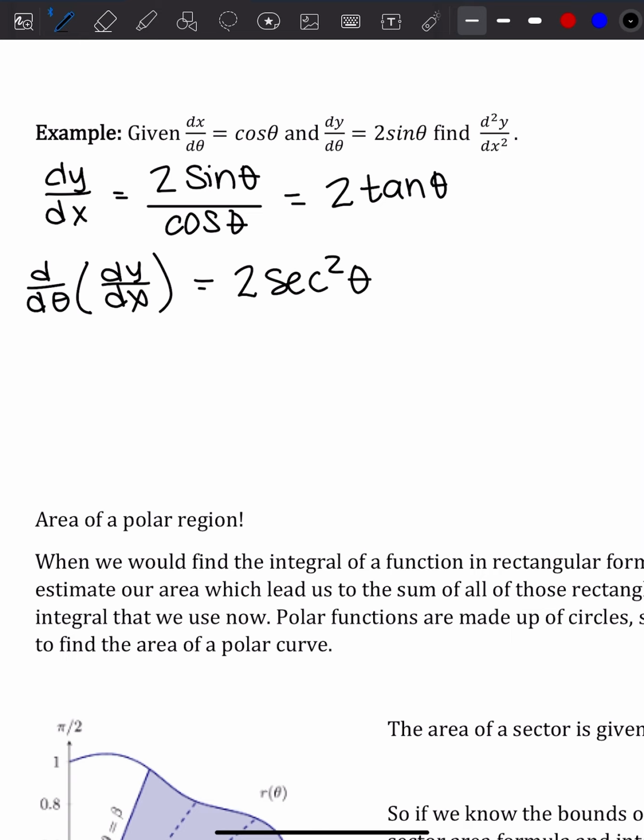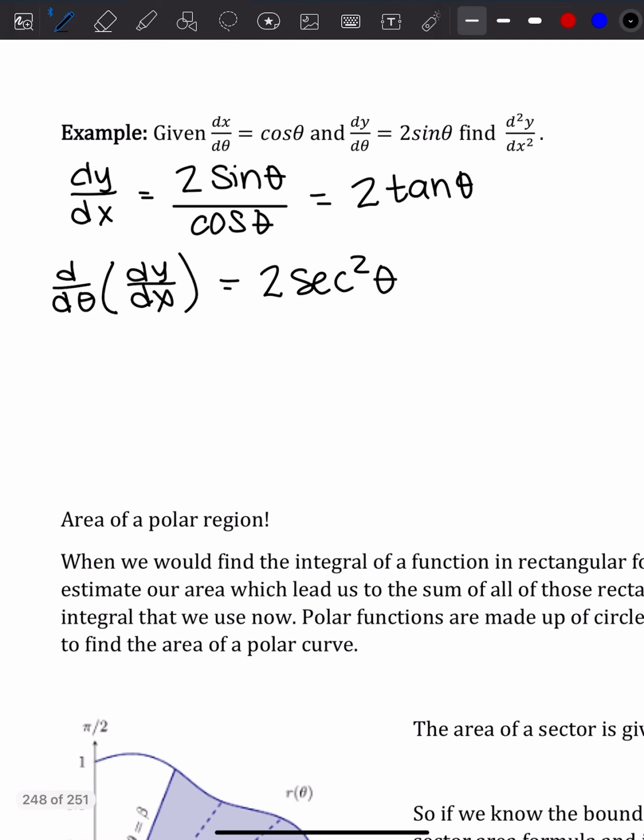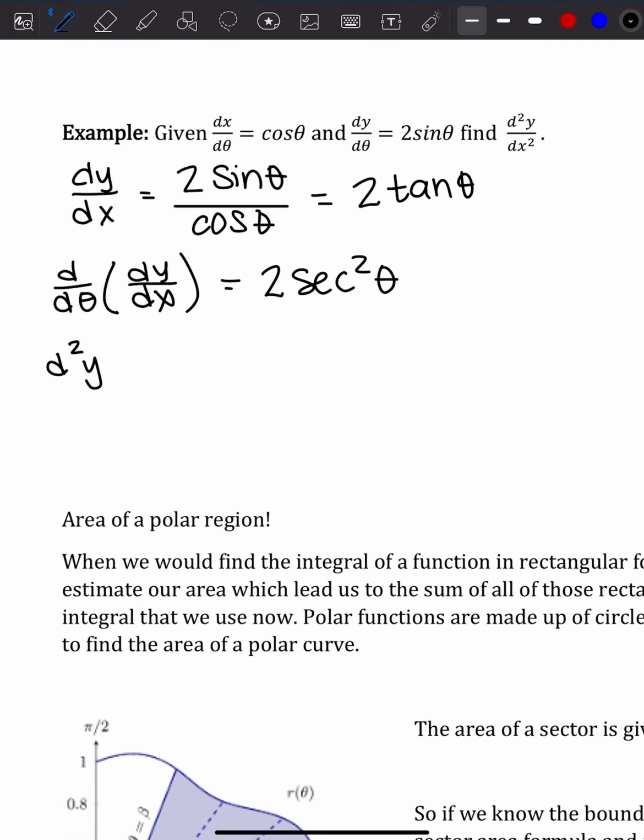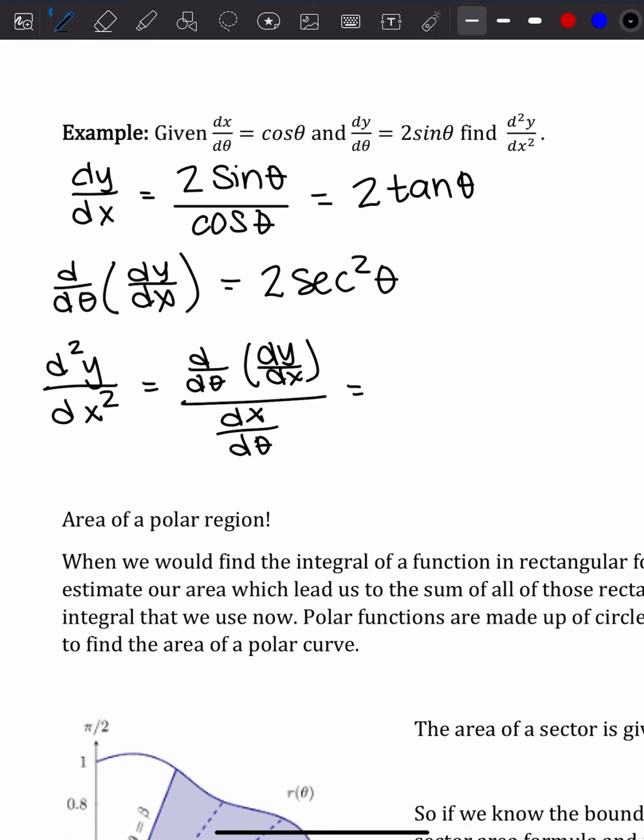In order to get what we want, the second derivative of y with respect to x twice, we need the derivative with respect to theta of dy over dx divided by dx over d theta. Again, we know the top part of this is going to be 2 secant squared theta.